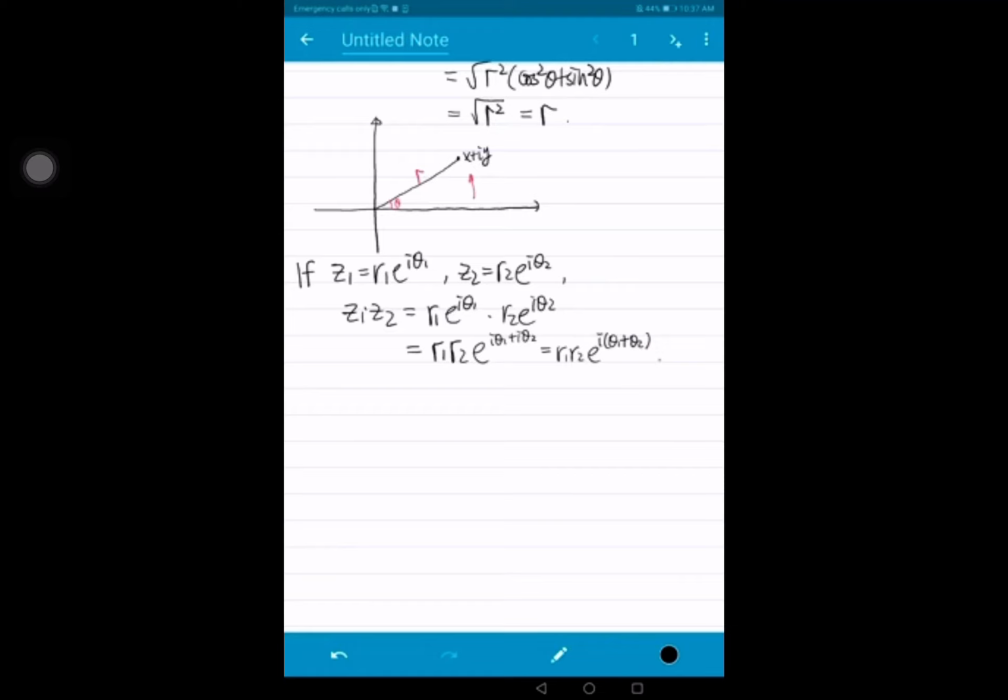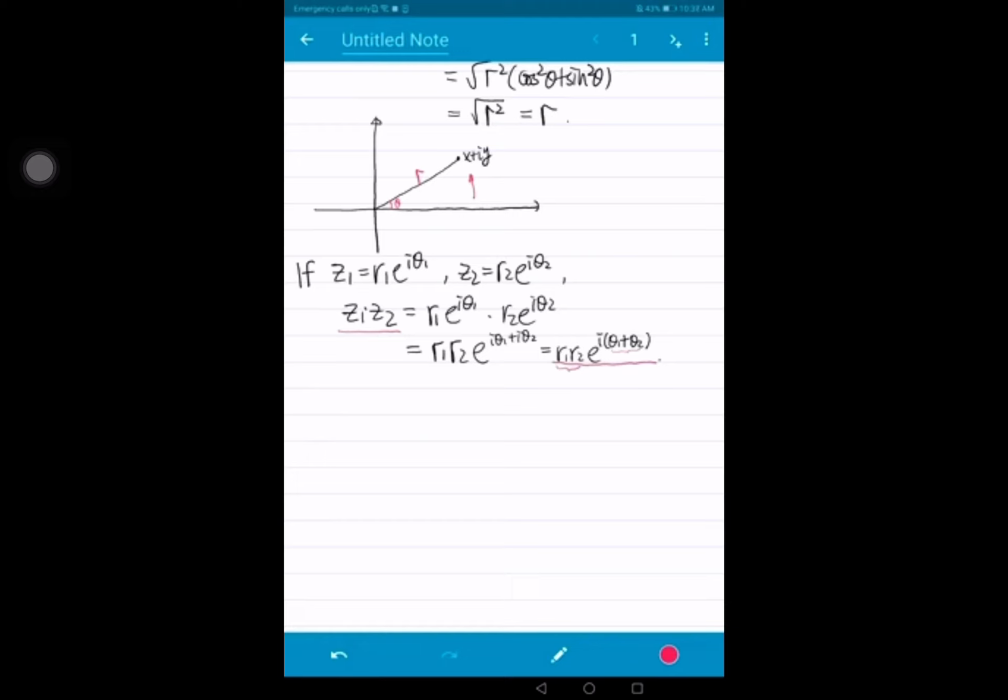Right, from this formula for multiplication, we can see that when you multiply the complex number z2 to z1, what it does is the modulus, like the absolute value of z1, gets scaled by the amount of the absolute value of z2, which is r2. Right, and there's a scaling factor, and the angle theta 1 gets rotated by the amount of the angle for z2, which is theta 2.